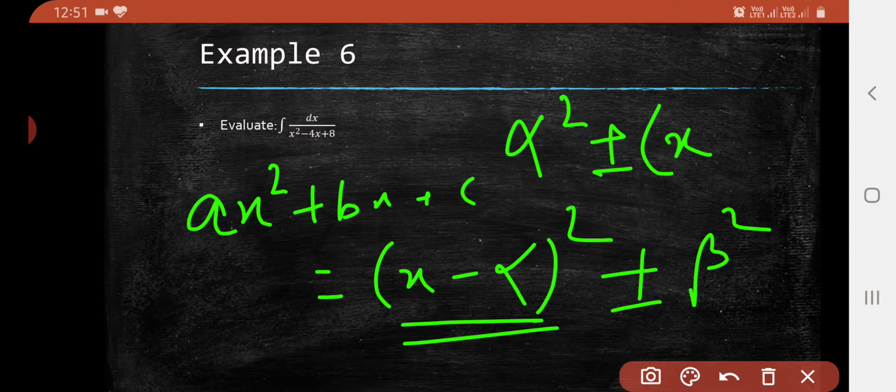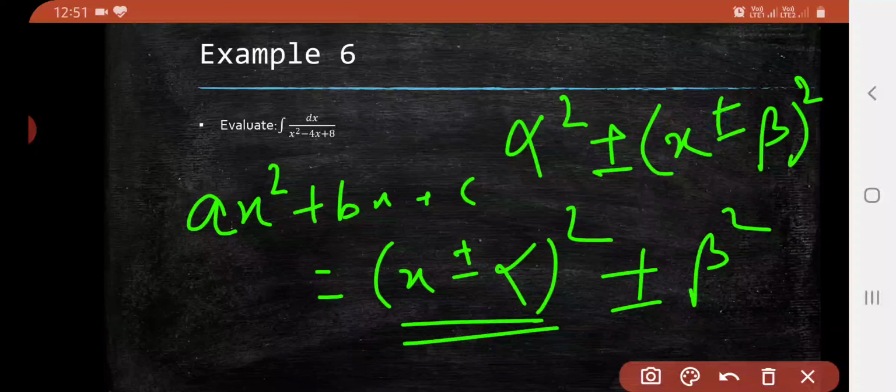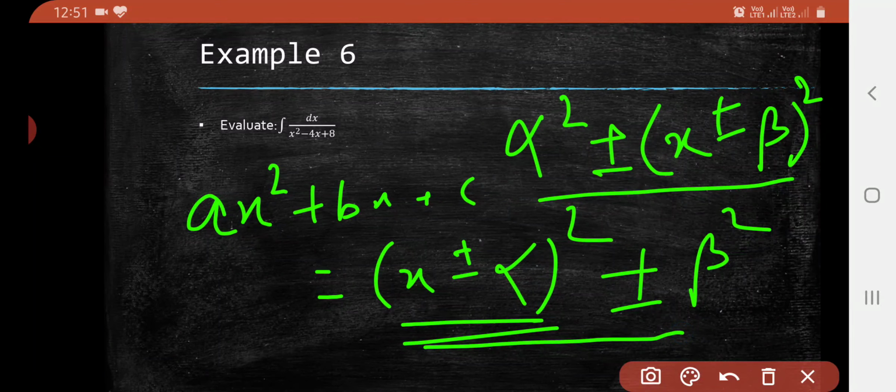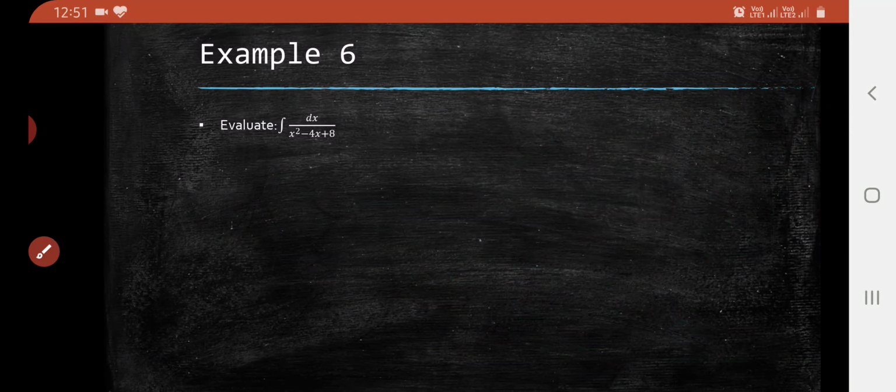Here I am putting a plus minus because I don't know which form is going to come. So I have to represent it in whichever of the 4 different forms that I get. Right? Okay, so let us see what we can do.